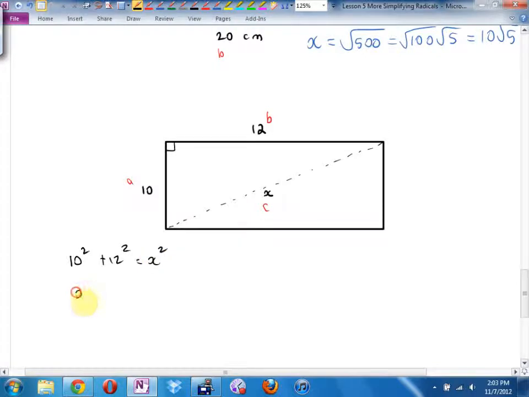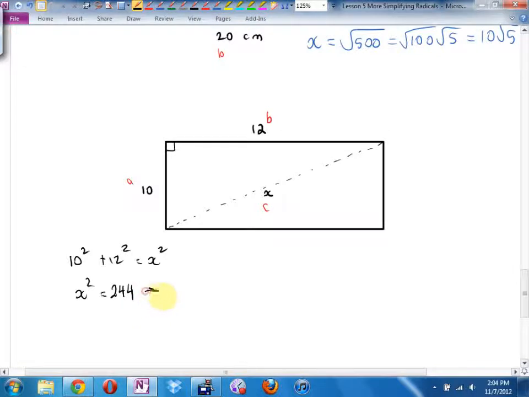So x squared equals, what is 10 squared plus 12 squared? I'm skipping a step. Go to your 244. It's 100 plus 12 squared, 144 plus 100, 244. Marcus, how to get rid of a squared?